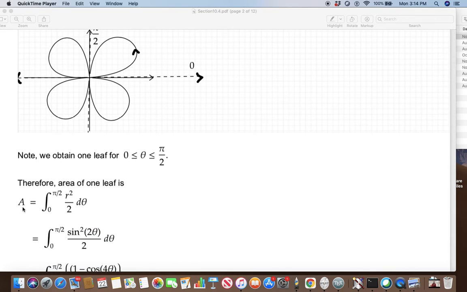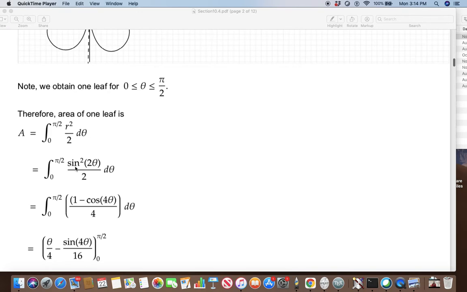So our required area is the integral from 0 to pi over 2 of r squared over 2 d theta. r is sine 2 theta, so r squared over 2 is sine squared 2 theta over 2. For sine squared, we are using the trigonometric identity: it is 1 minus cosine of twice that angle, over 2. That's why you have a 4 in the denominator.